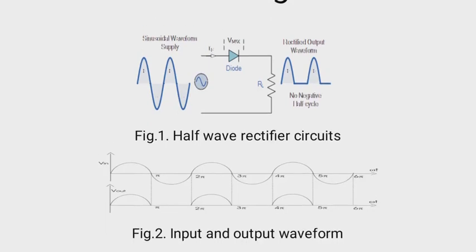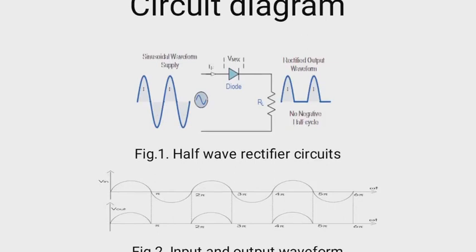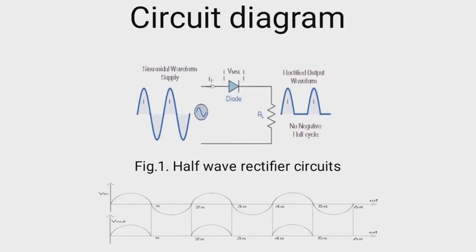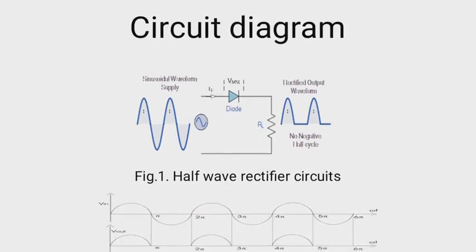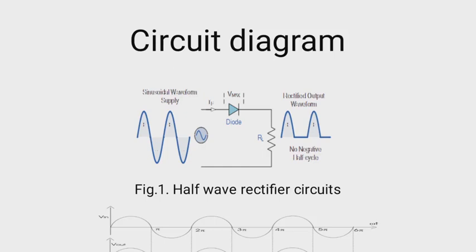Here we are applying a sinusoidal waveform, which you can already see in this diagram. We are considering two peaks. The upper portion of the zero line, or the horizontal line, is called the positive peak, and below the zero line the peak is called the negative peak.